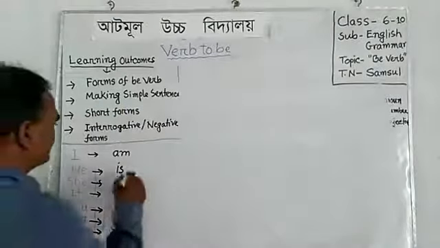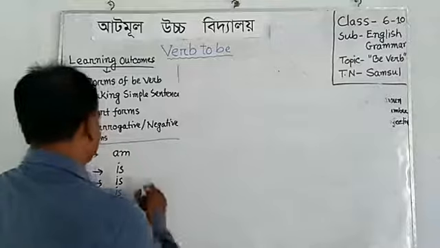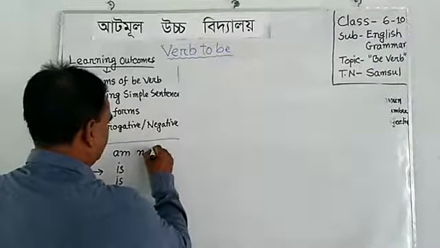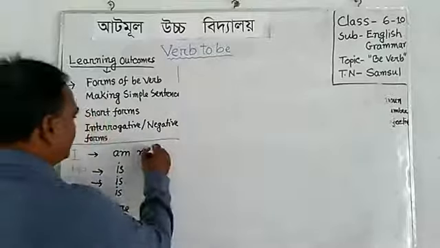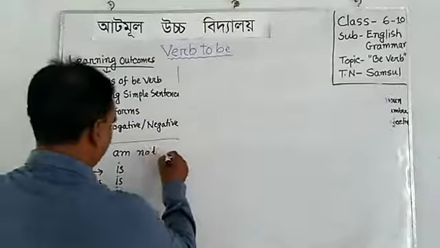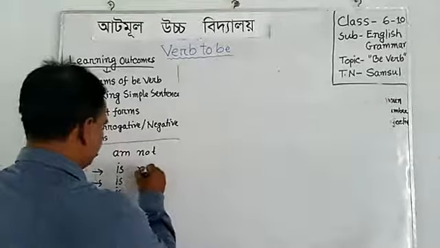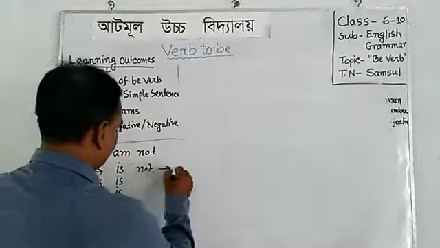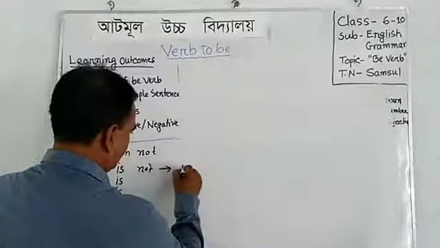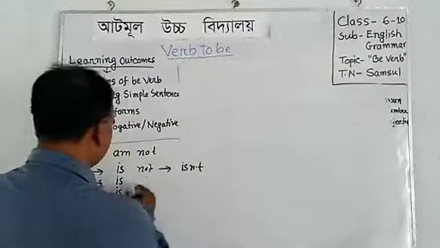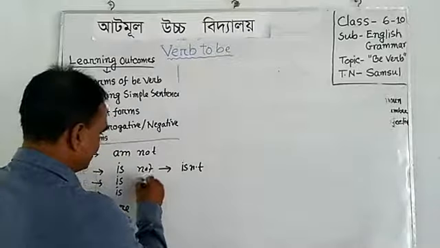Now we will make short form when the sentence is negative. I am not. He is not. The short form is isn't. She is not.